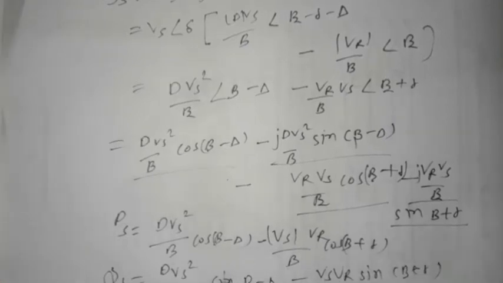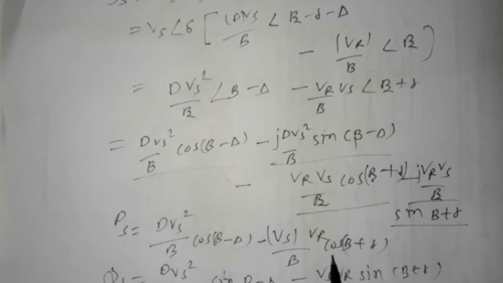Here from this equation we see that if cos(beta plus delta) is equal to minus 1, we get the maximum value of power. If we put minus 1, multiplied with the minus, we get Vs into VR by B, which is our maximum power.